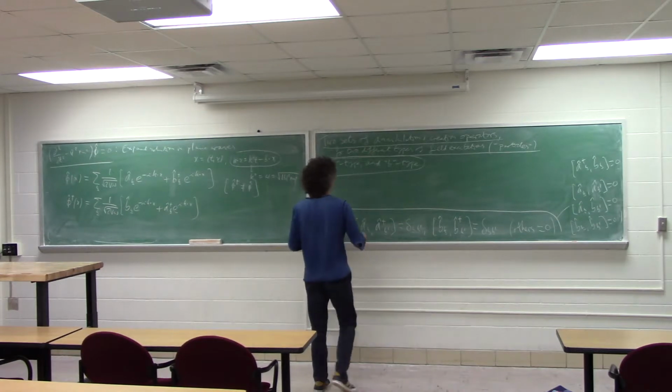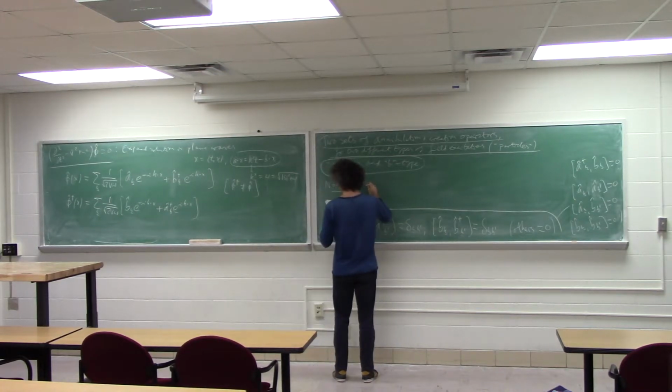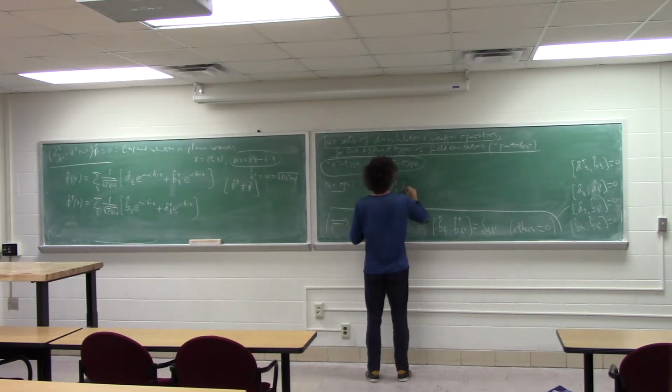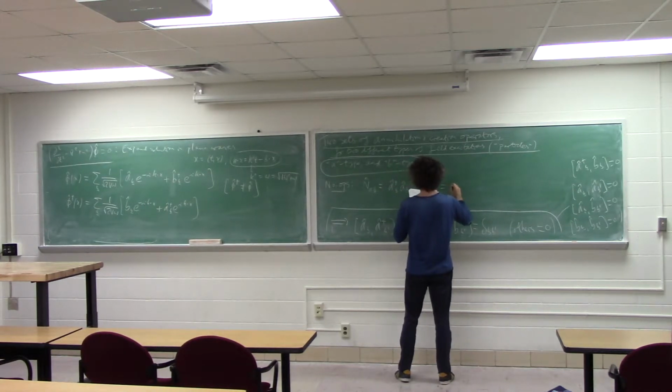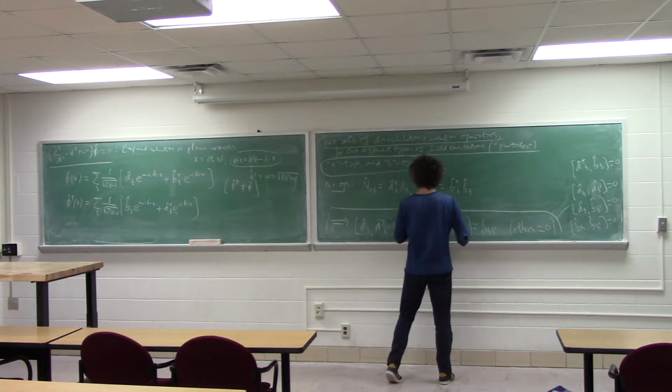And I can define number operators. Let's call it N_A of k, which is A dagger k A k, and then a number operator for the B particles, B hat dagger k B hat k.